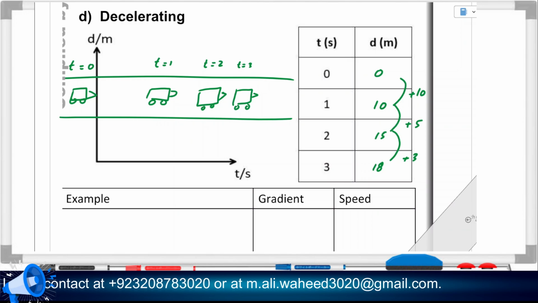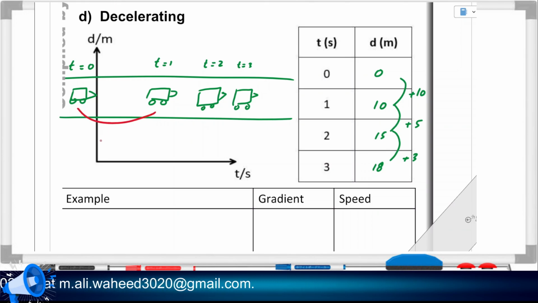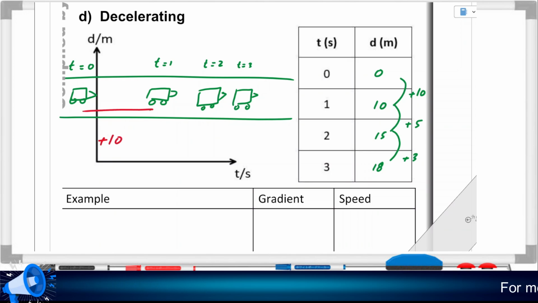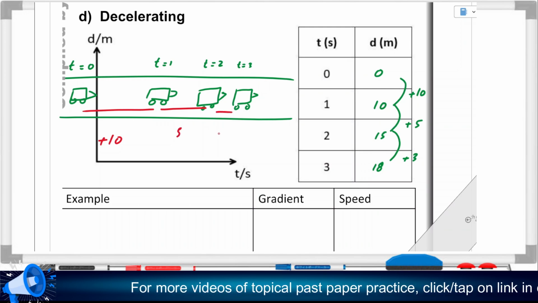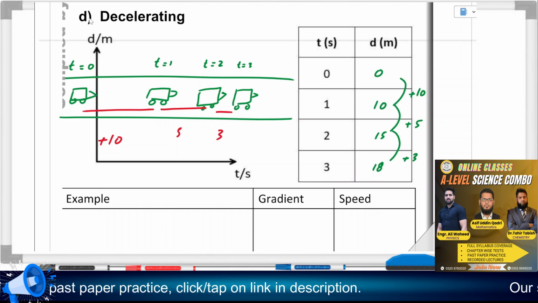So you see, in the first second, from 0 to 1 second, the distance is quite a lot, 10 meters from here to here. And in the next second, the distance was only 5. And in the next second, the distance was only 3 meters. So that means the object must be slowing down.